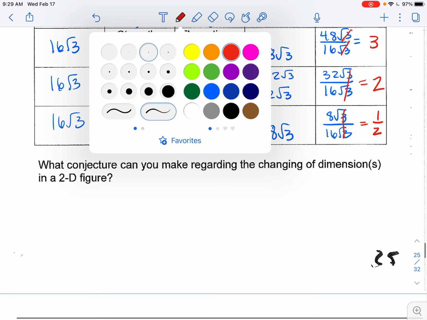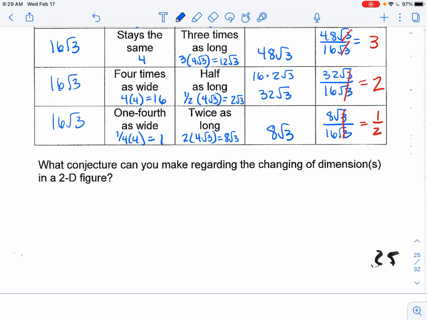So what can we conclude regarding the changing of dimensions in a two-dimensional figure? Well, here it is. The change in dimensions multiplied together is the scale factor.